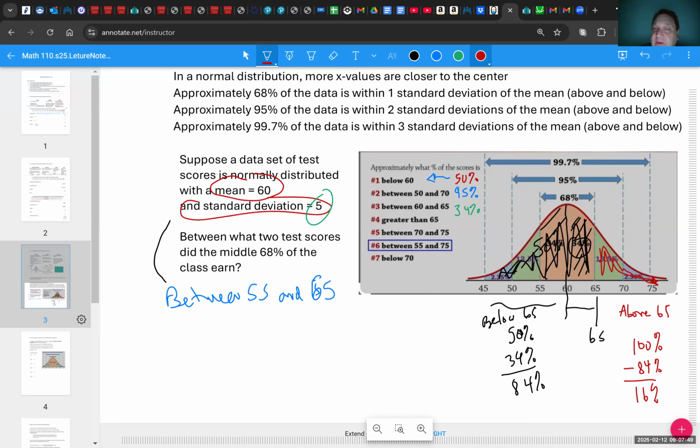So the correct answer for greater than 65 is actually 16%. And that's slightly more than when you add 13.5 and 2.35. So there's an example. You can do it by subtracting, you can do it by adding. There's different ways of doing it, but there's an example of how you can find the percentage of the test scores that are greater than 65.